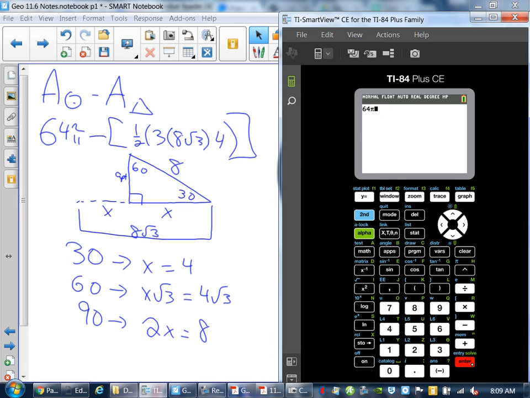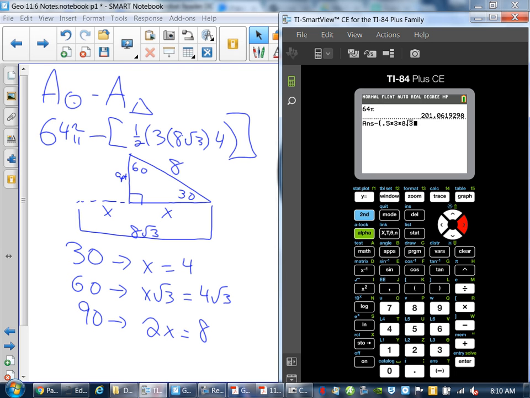Pi, hit enter, subtract parentheses, 0.5 times 3 times 8 root 3. Make sure you hit the right button so you don't accidentally stay underneath the radical. Big, big common mistake.